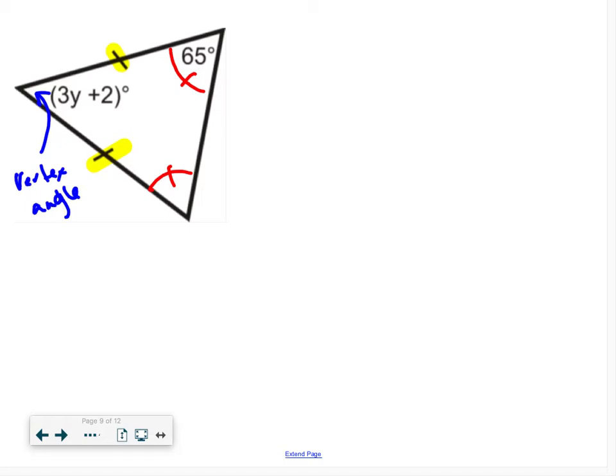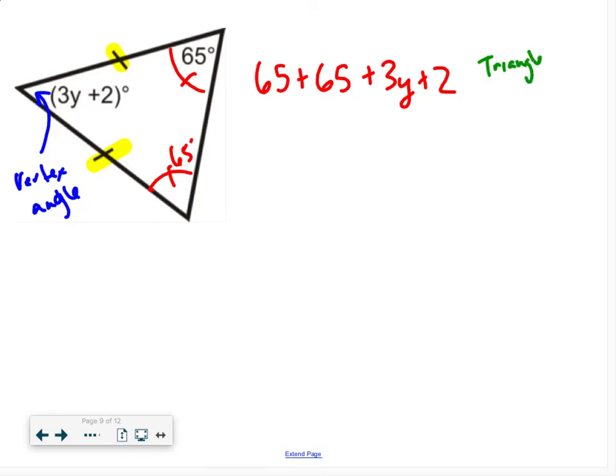So what I'm actually going to do here is add up. I'm going to use the triangle sum theorem. Because I know this angle is also 65 by the isosceles triangle base angles theorem, I can then do 65 plus 65 plus 3y plus 2. And again, the reason for that setup is triangle sum. Now I can clean this up. I get 130, and I forgot the equals 180.